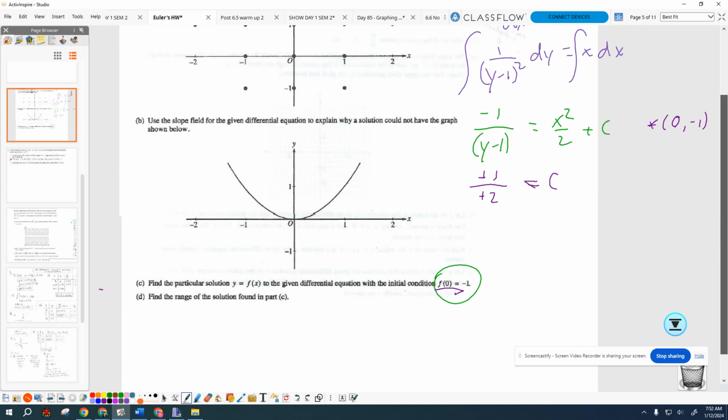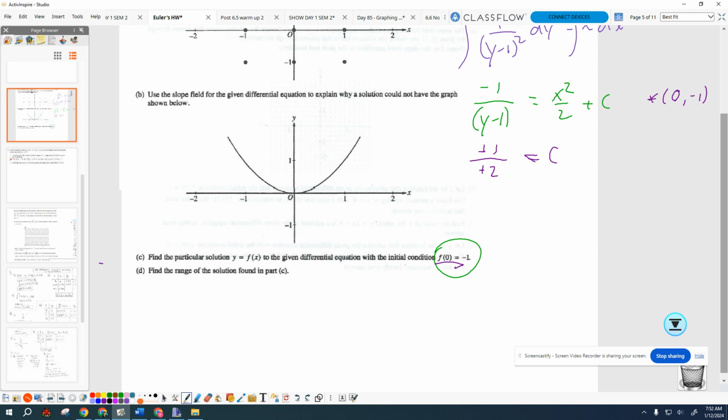So my function becomes -1 over (y minus 1) equals x squared over 2 plus 1 over 2. Can I do that?